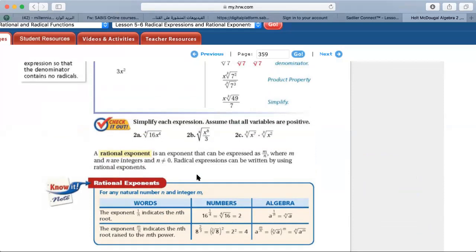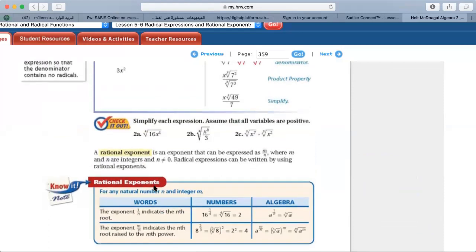A rational exponent is an exponent that can be expressed as m over n, where m and n are integers and n is not equal to 0. Radical expressions can be written using rational exponents.